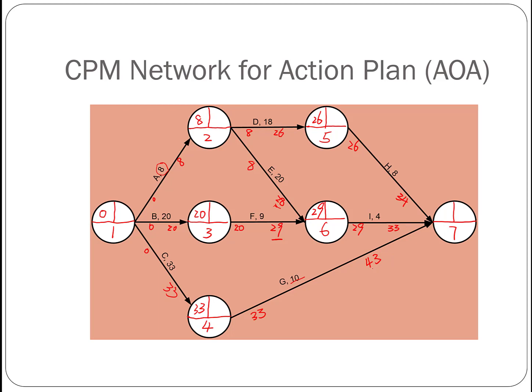So now we have to take the activity that completes the last, which is by the 43 days, to be this project's early time. So the project will be finished by day 43 because that's when G gets finished. Both I and H are finished before that. With this, we finish our forward calculation.